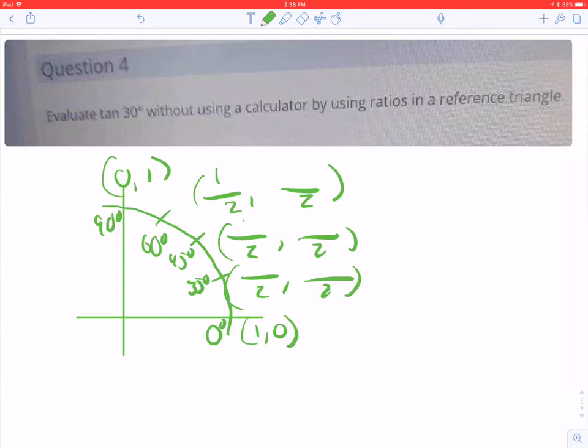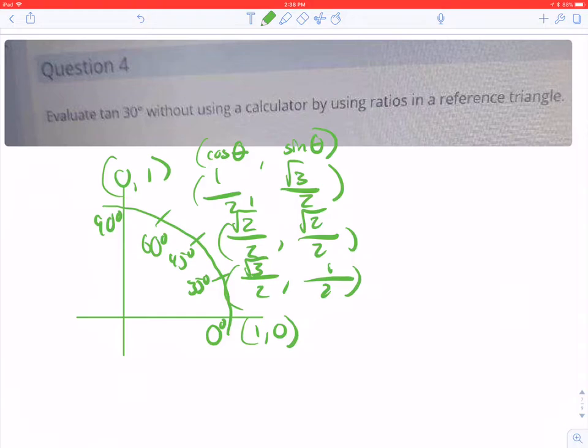You just go 1, 2, 3, 1, 2, 3, and take the square root of all the numerators. When you do that, you'll get this result. And this goes cosine of theta, sine of theta. That's how I do the unit circle.